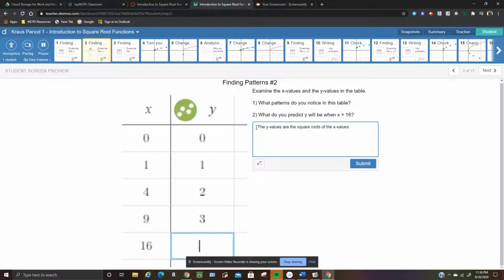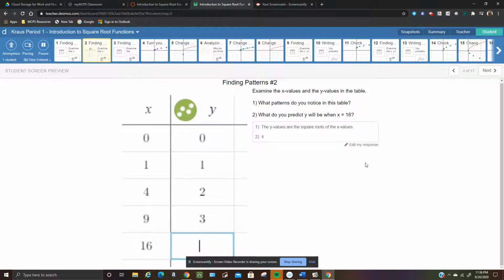And what would you predict for 16? So number 2 would be 4. And I think they want you to put that in here. No, it won't go in there.